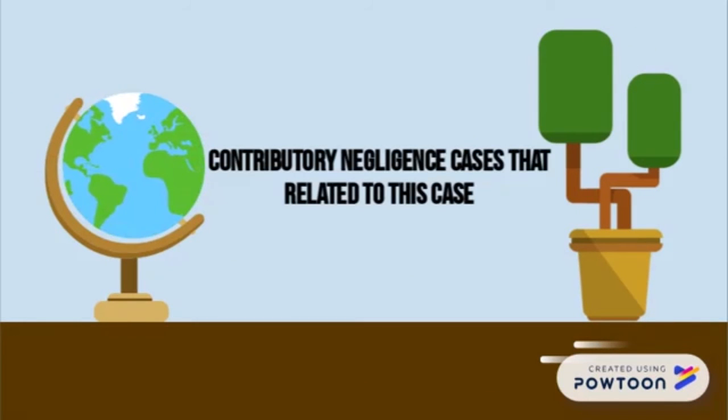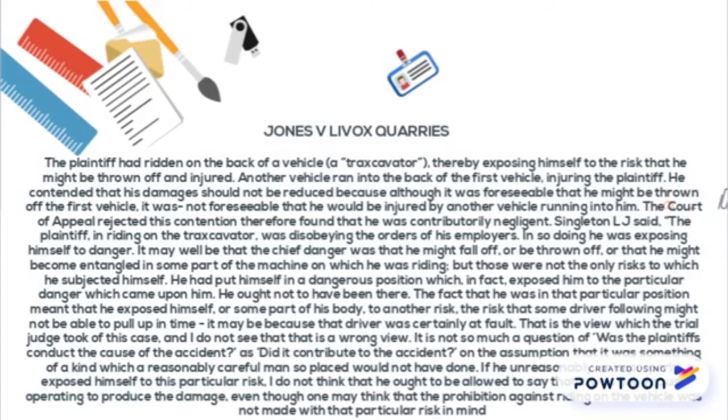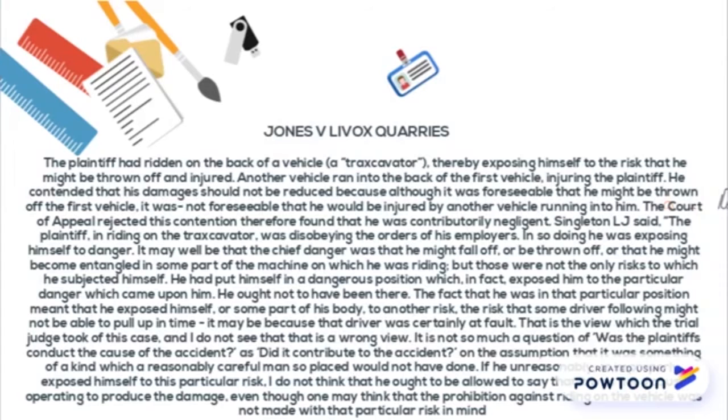Moving on to the next section, which is contributory negligence cases related to this case, we have two scenarios. The first scenario, John v. Levox queries, basically explains the plaintiff had ridden on the back of a vehicle known as an excavator, thereby exposing himself to the risk that he might be thrown off and injured.